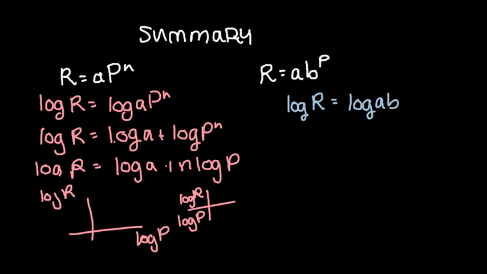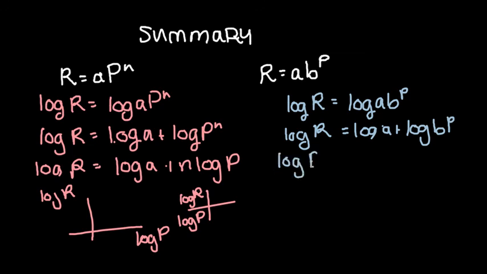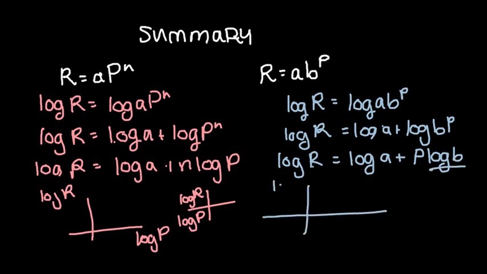So I would have log of AB to the P, log R equaling log A, so there's my y-intercept, plus log B to the P. And so in this case, my y-intercept, as I said, is log A, and my gradient I can already say is log B. So I would be plotting log R against P in this case, and I can automatically read off what my y-intercept and my gradient are of these lines, and hence what the original constants A and B would have been.